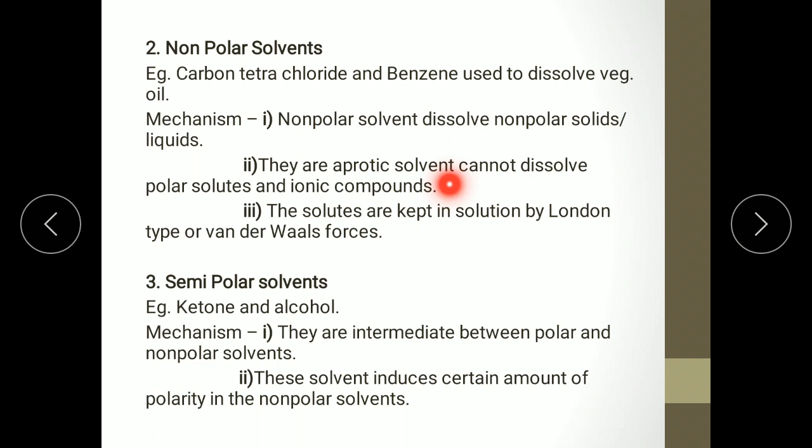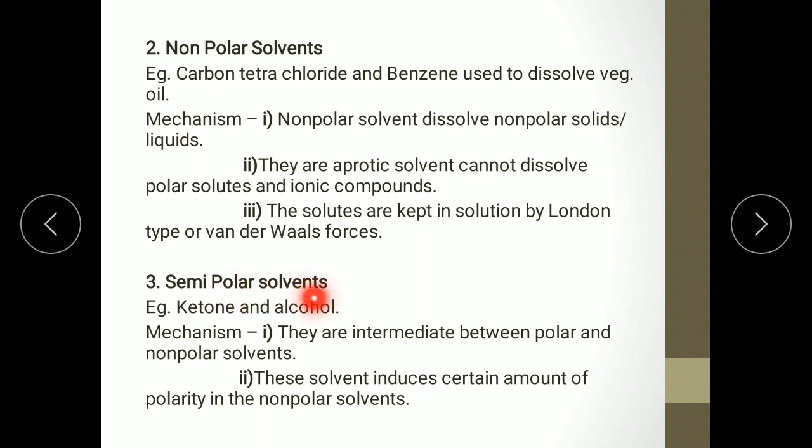Aprotic means they do not contain any hydrogen atom, and they cannot dissolve polar solutes and ionic compounds. The solutes are kept in solution by London type or van der Waals forces. Van der Waals forces are not a chemical or ionic process. They are weak forces; they show some weak attractive or repulsive forces which lead to the solubility of a particular solute.